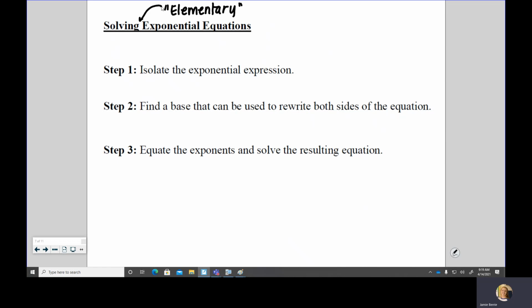All right, so step 1 says isolate the exponential expression. That means get the expression with the variable and the exponent on one side by itself.